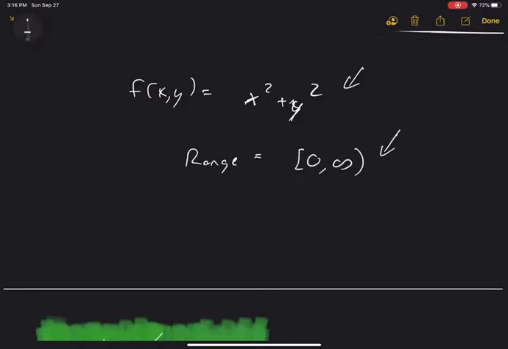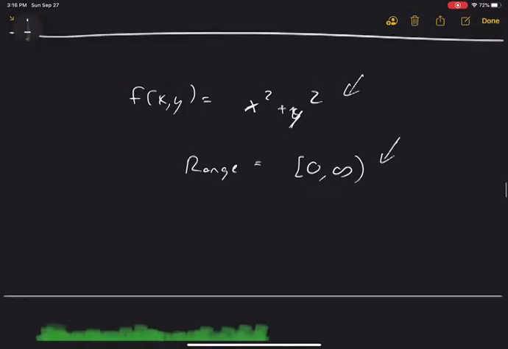My output of this function is just a real number, right? So when I'm talking about ranges, my ranges are going to be just somewhere on the real number line, right? So in this case, my range would be everything to the right of 0, including 0, which in interval notation, we would write like that.